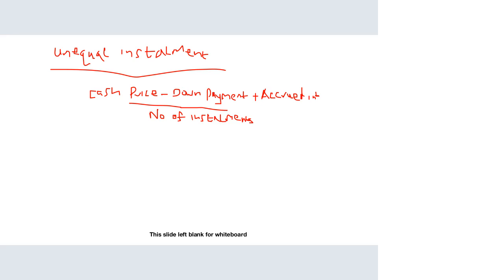installments are not equal. So again, I want to post an example in our public chat. Please check if you can see our example 3.